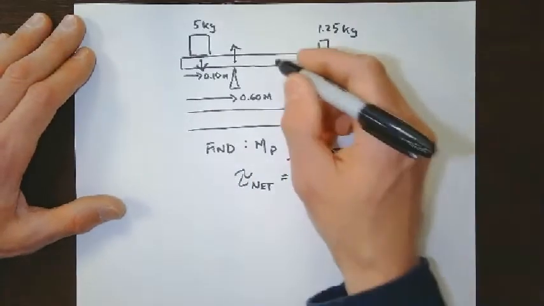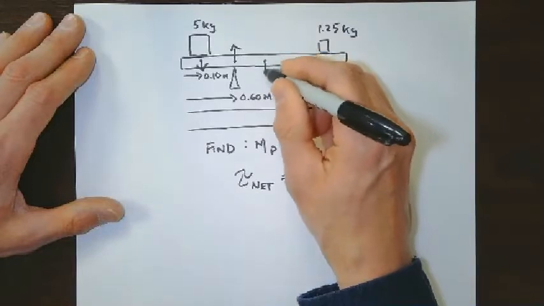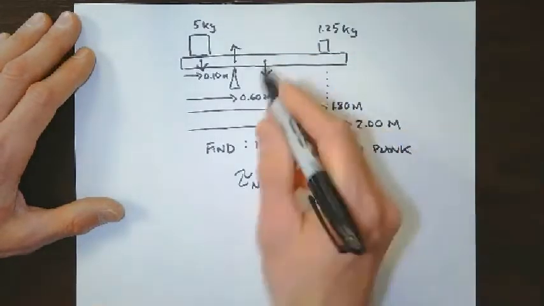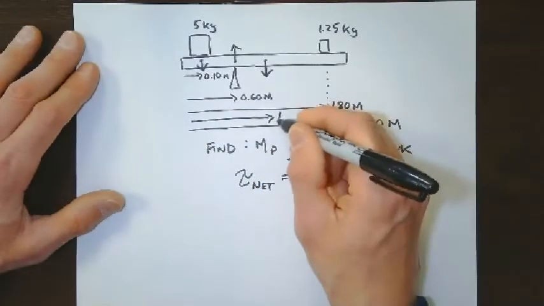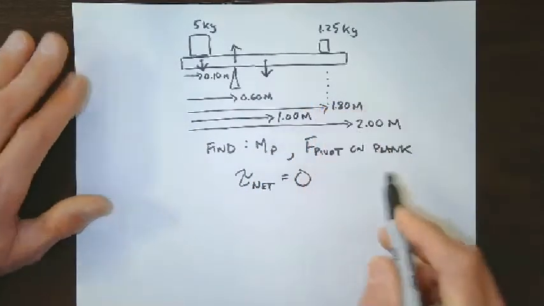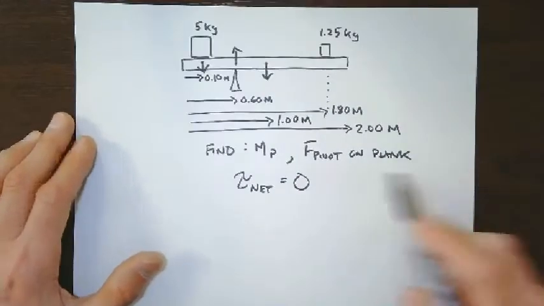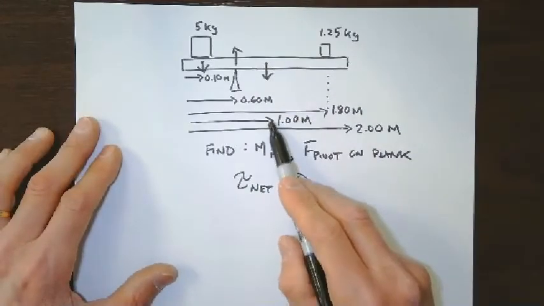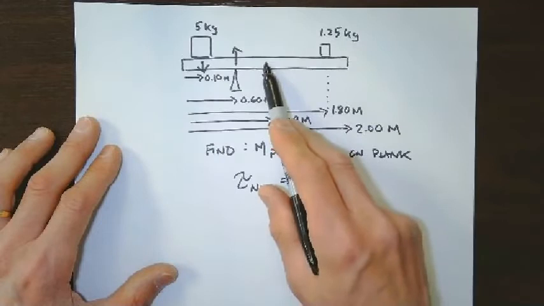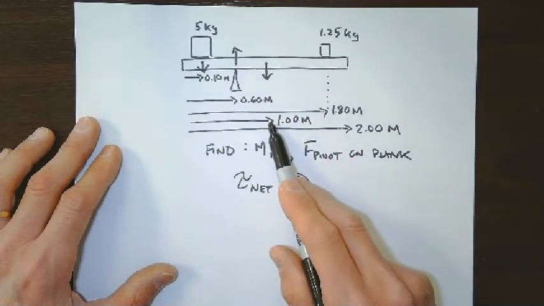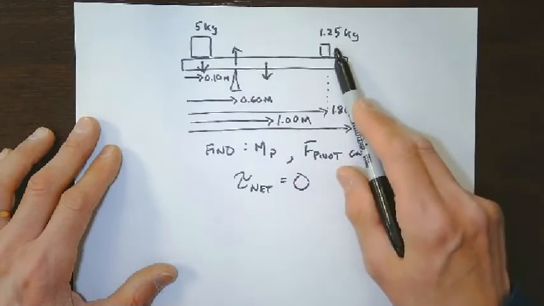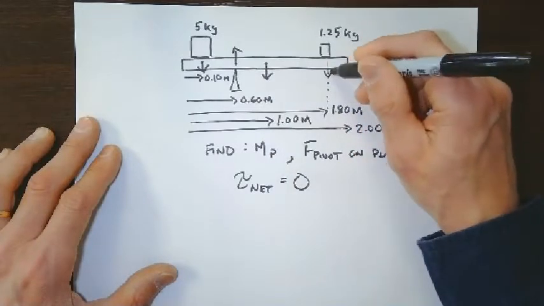There's a gravitational pull, and so there's going to be a downwards force here, and the distance to that downwards force is going to be half the length of the plank, which is 1 meter. That's one of the things you basically have to go with: the center of gravity of this plank is right in the geometrical center. And then, of course, the 1.25 kilograms is pushing down on the plank.